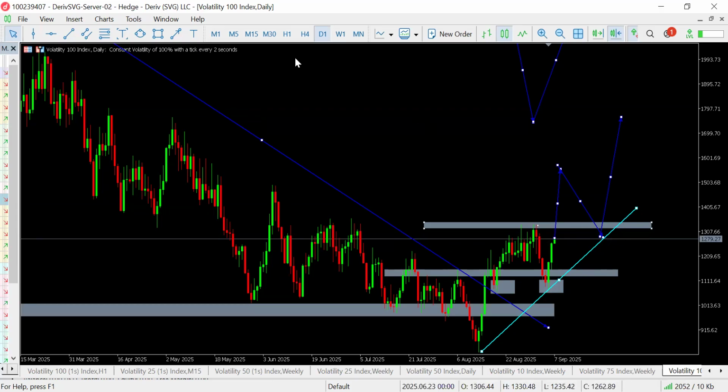Our trading opportunities. How do we do that? You can go further to the H4 time frame or the H1 time frame, as the case may be, and start looking for what?